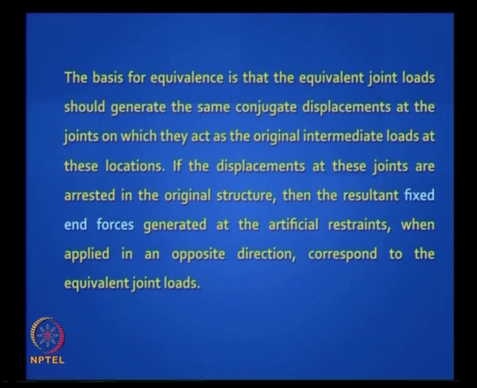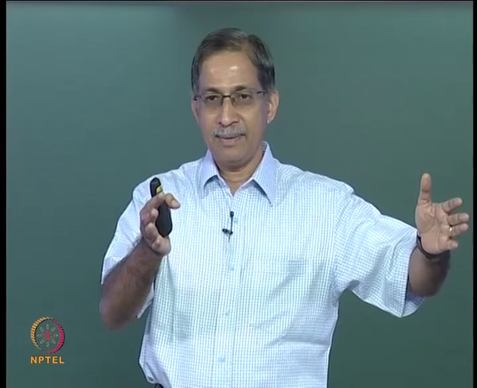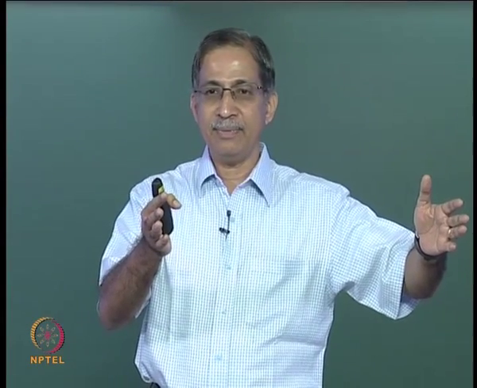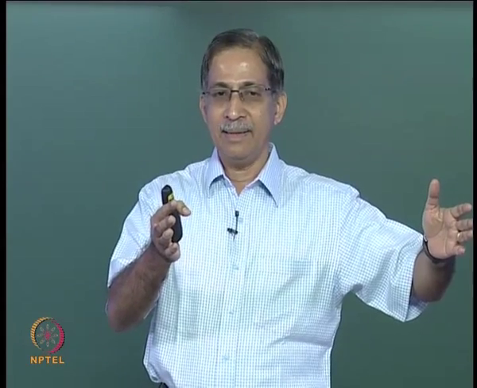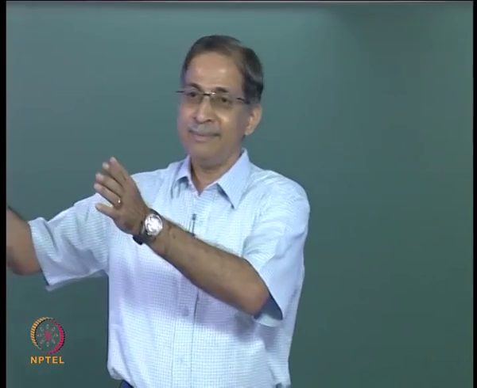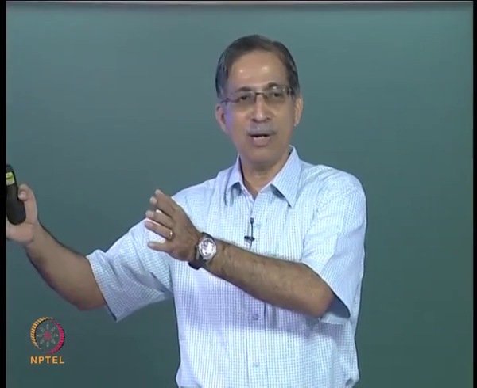Remember, I have shown you this earlier, you have an original structure, and you have first a restrained structure where you arrest all the degrees of freedom, and then you have a structure in which you apply nodal loads.